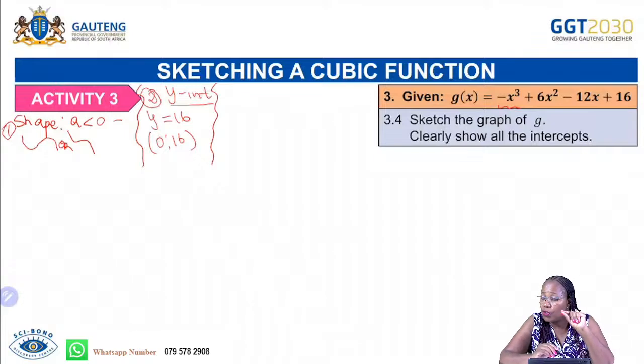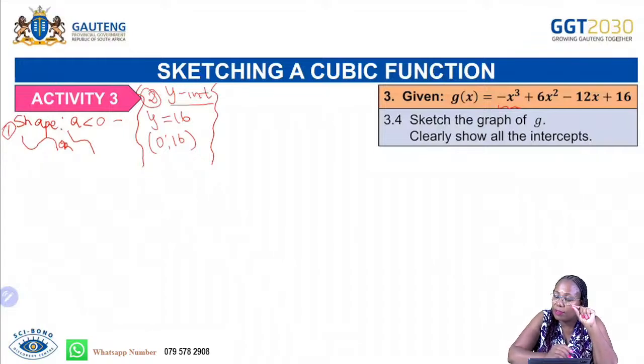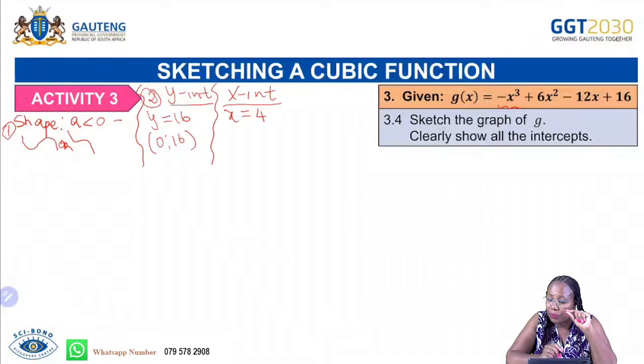And then we have also calculated the x-intercept of this particular function. We ended up with x equal to 4 as being one of the factors of the x-intercept. That is x equal to 4. Remember when we were trying to find a trinomial factor for this one, the other part was non-real.